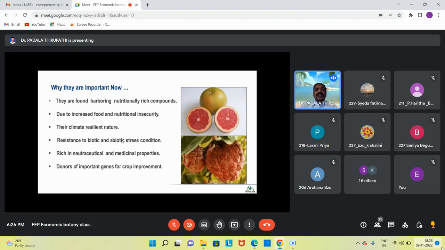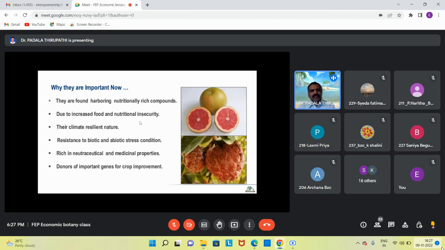Just because they are found harboring nutritionally rich compounds. Why do we give proper importance or value to these fruits? Because they harbor nutritionally rich compounds, and due to increased food and nutritional insecurity.